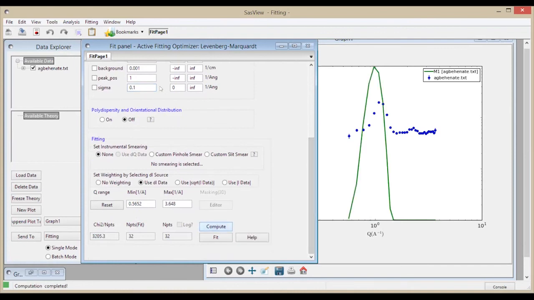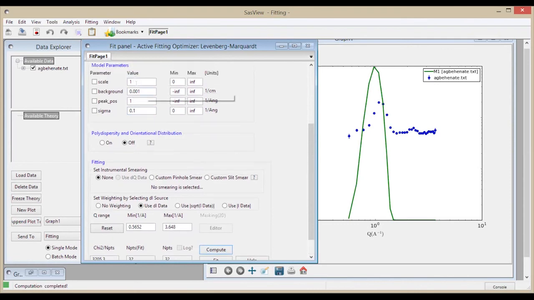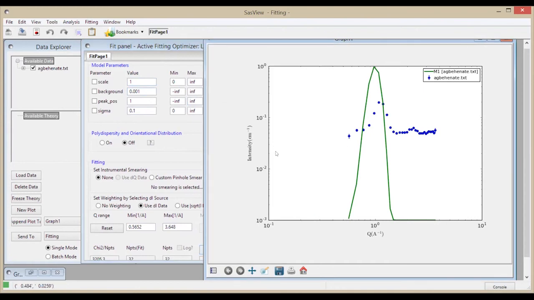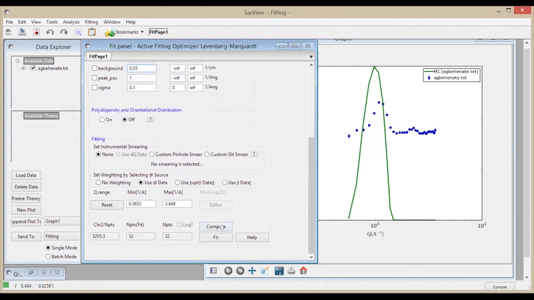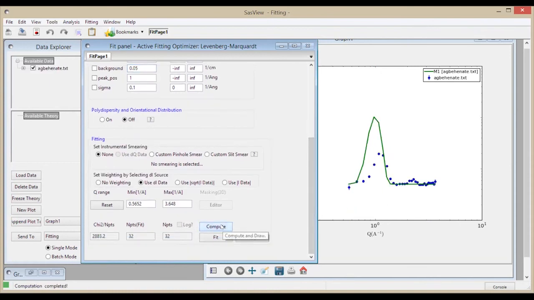Now we have something. So now we put the background. The background is around 0.01, 0.05. So the background should be 0.05. We just put it like that. Compute. Now the background is approximately all right.